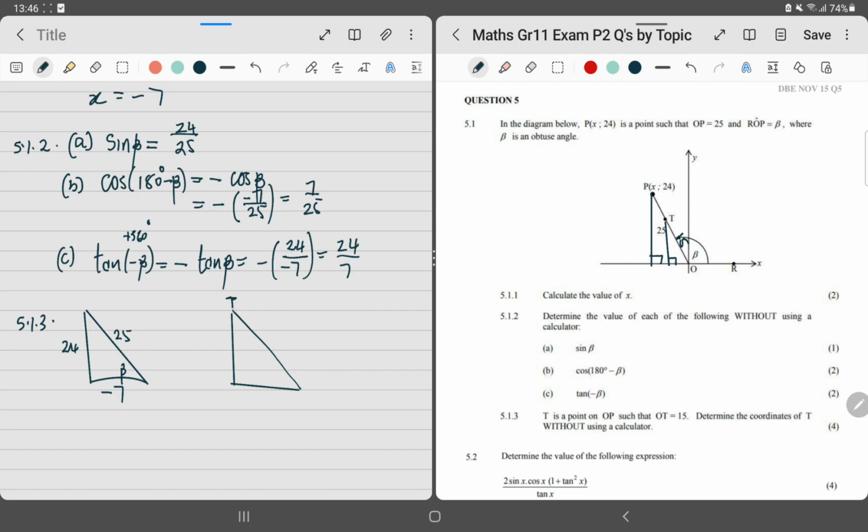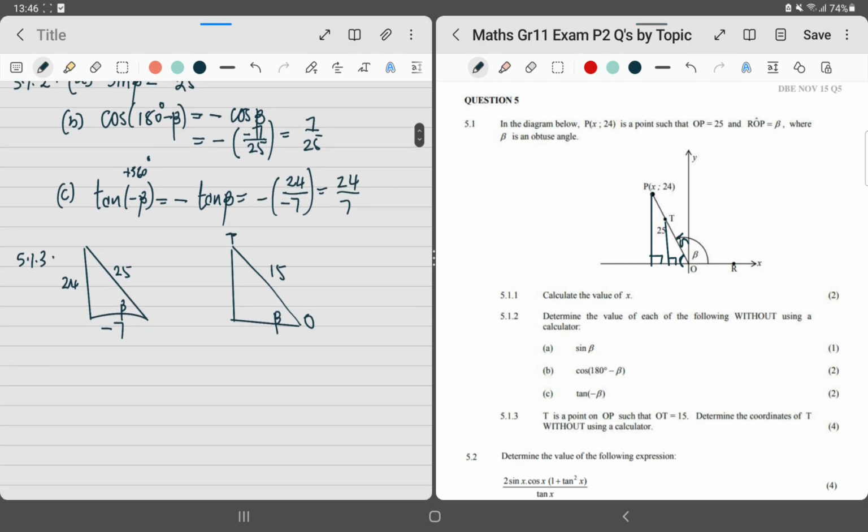So this is TO, that's 15, because that beta right there is going to be common for both the triangles. And then we only have those sides. So now let's try and calculate this vertical distance. So we'll just use sine for both. So sine of beta in this first triangle will be given by 24 over 25.